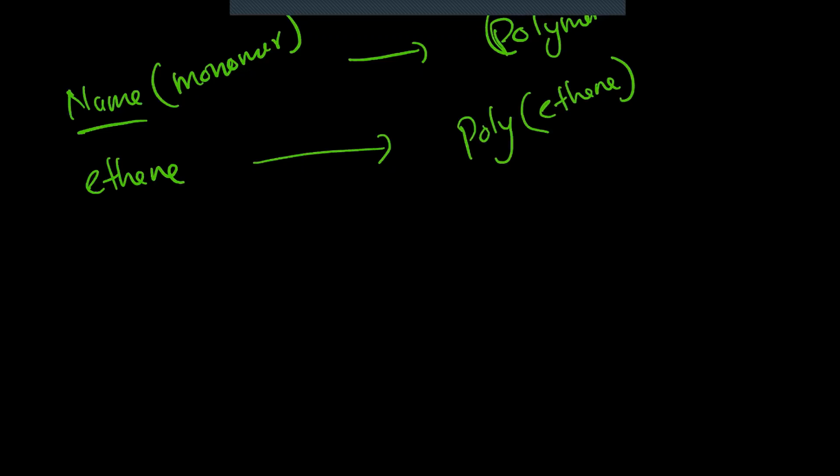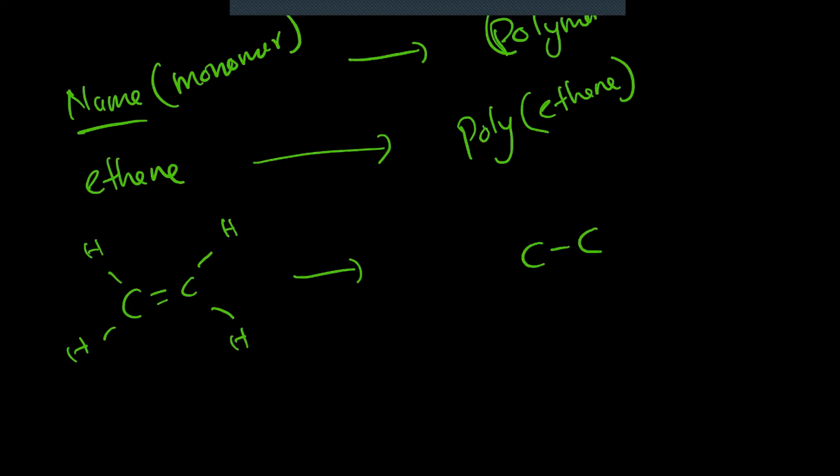Okay. So if you take the structure for ethene, this is the structure. And if you are to draw the structure of polythene, we first write the 2 carbon as the base carbon that has the double bond in the monomer, but without the double bond.